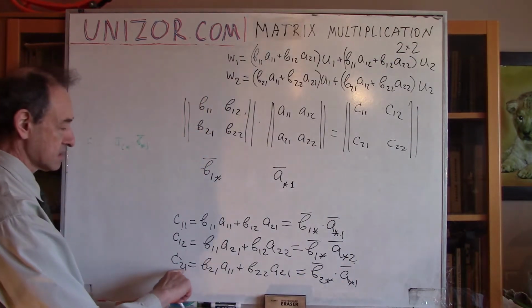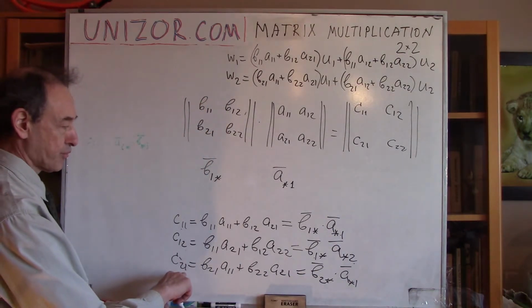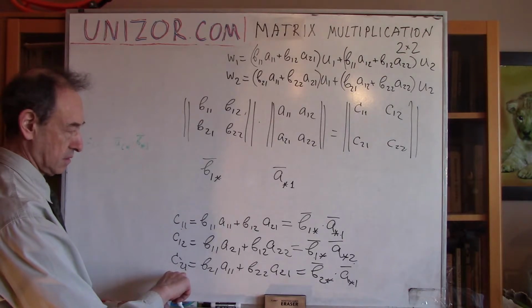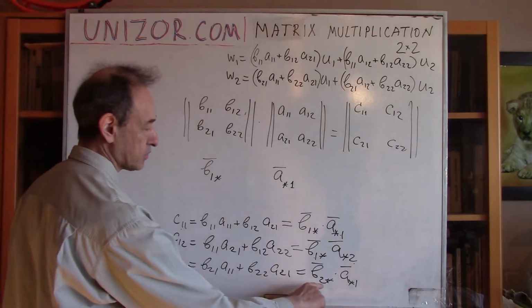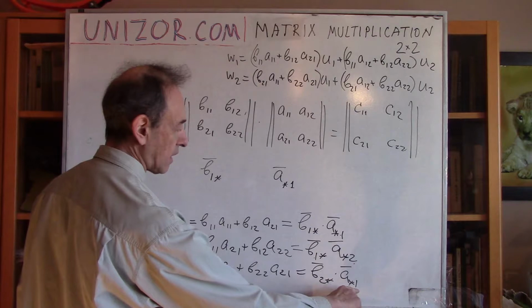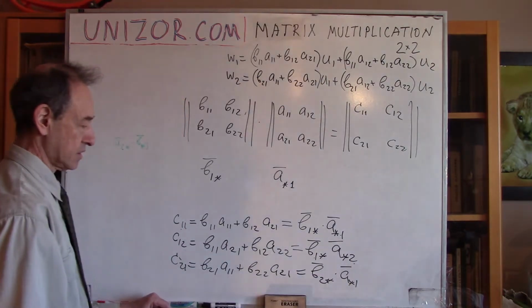Again, indices of the product element here correspond to row vector and column vector of the components.